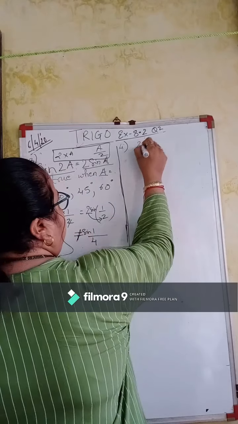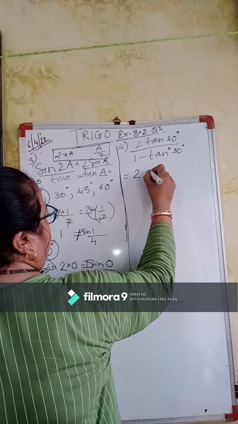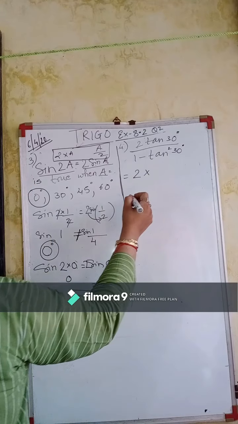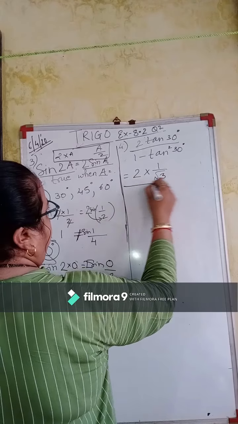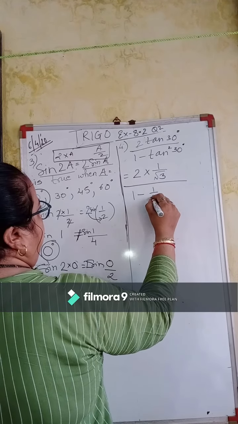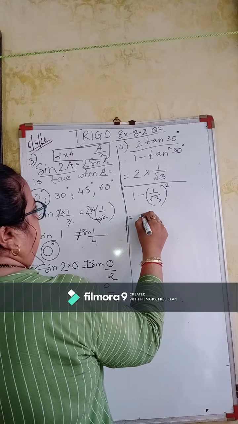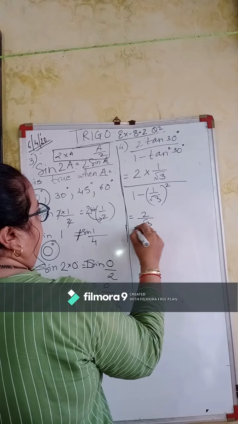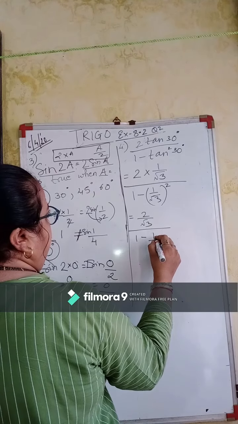Next, 2 tan 30 degree upon 1 minus tan square 30 degree. So 2 into tan 30 degree is 1 by root 3, whole upon 1 minus 1 by root 3 square. 2 upon root 3 whole upon 1 minus 1 by 3.